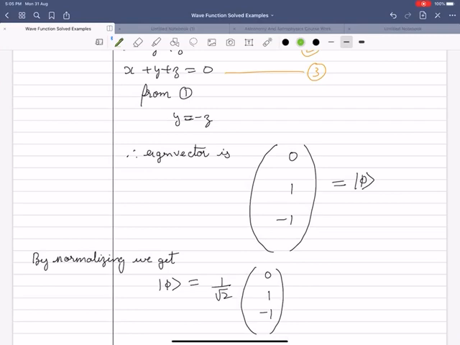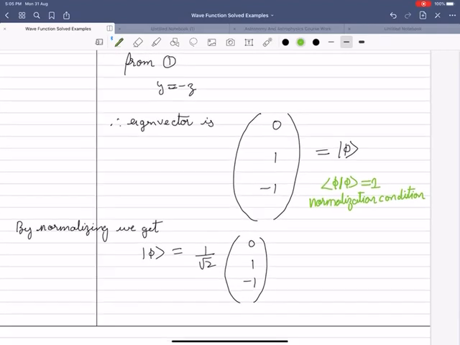You should keep this point in mind: any eigenvector you find, you have to normalize it. So this is the normalization condition.